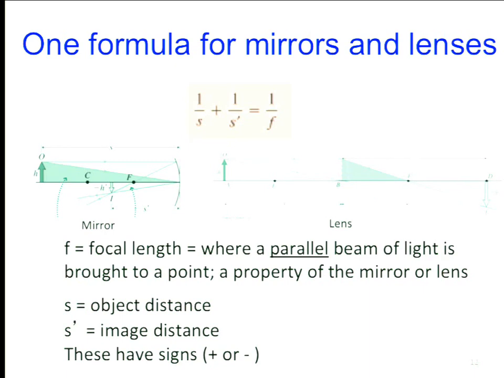So the object, I guess S is always positive? Actually, it doesn't have to be. You can get some cases where the object is behind a lens because it's coming from somewhere else. We'll get to that maybe with optical instruments where you're having compound lenses. So typically, in a normal case, the object is in front of the lens or the mirror.